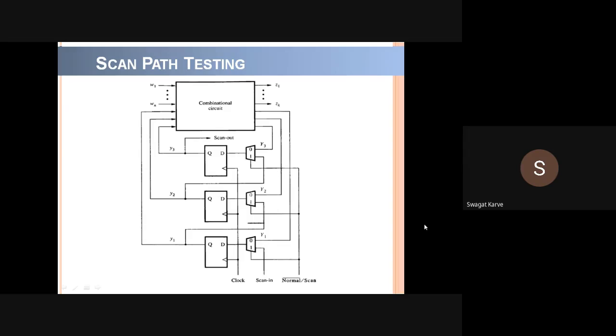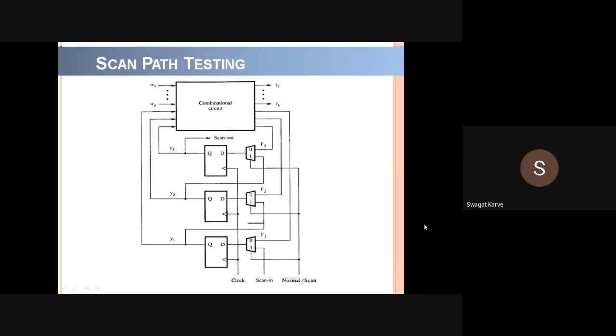What is the role of that flip-flop? It allows data to be scanned and produced for observation, and it can be activated in scan mode for test purposes. So data is scanned in for control and out for observation, right?